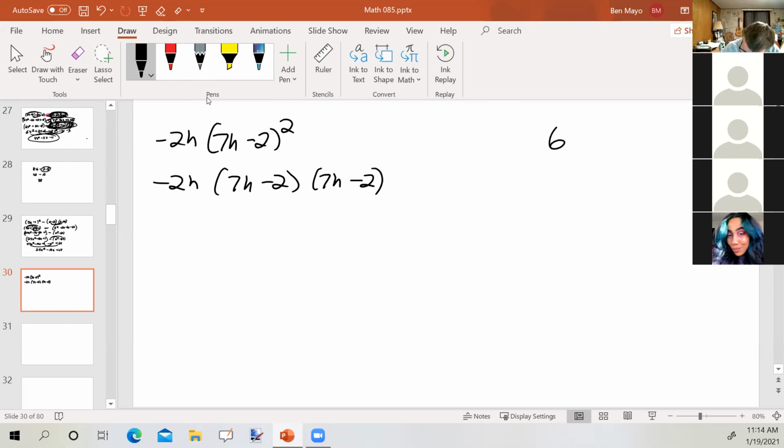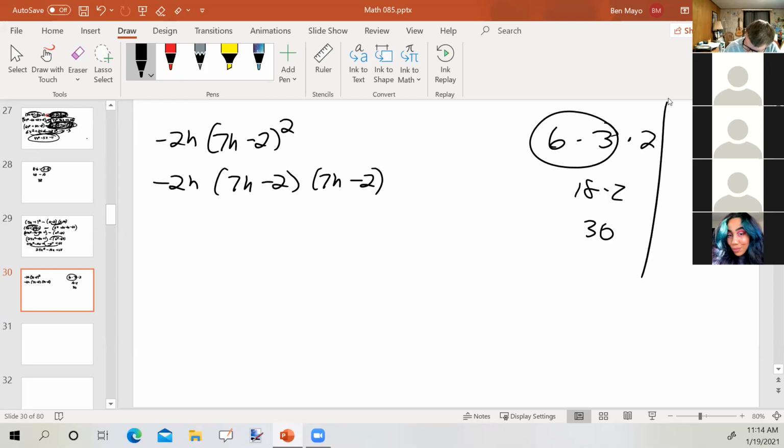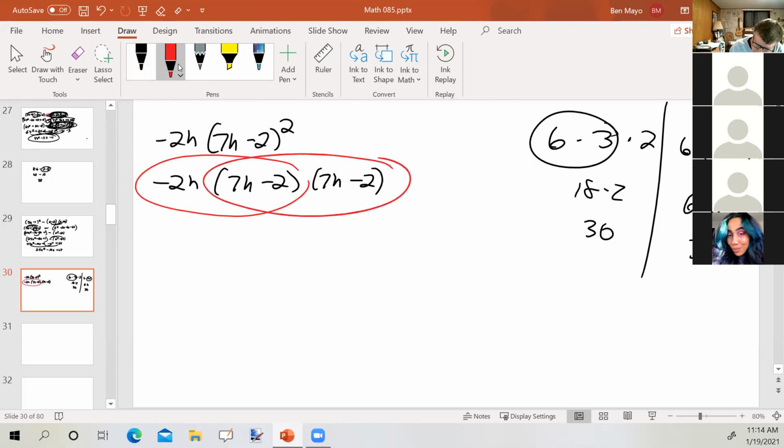Let's say I've got 6 times 3 times 2. Multiplication is commutative and associative. So I could multiply these two together first, or I can multiply those two together first. Okay, so same thing here. I can do those two first, or I can do those two first.